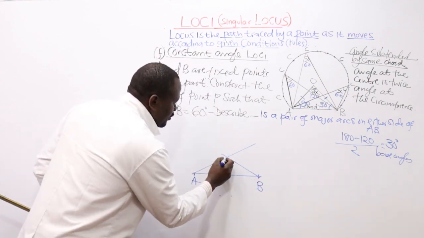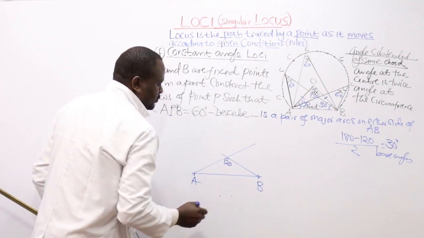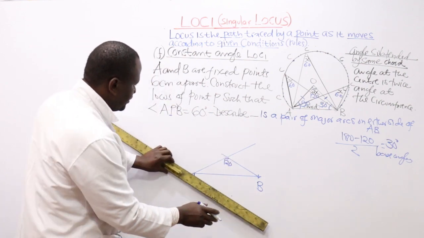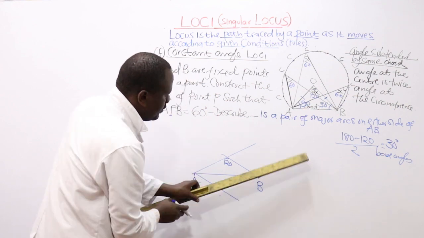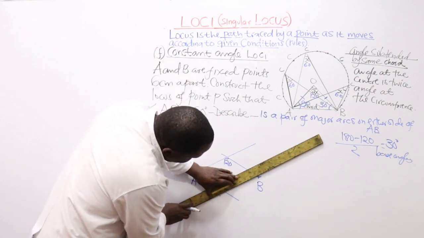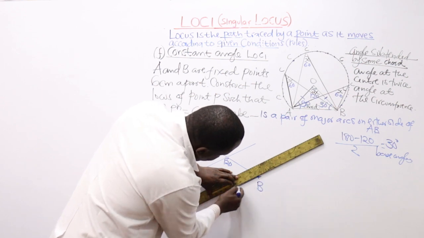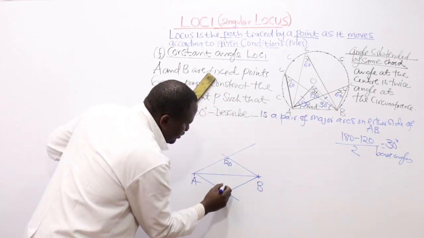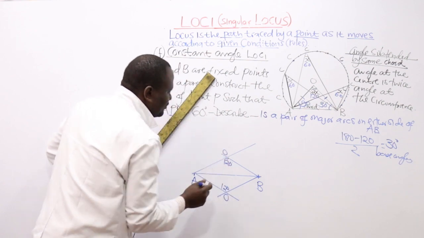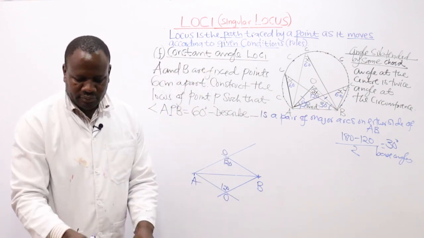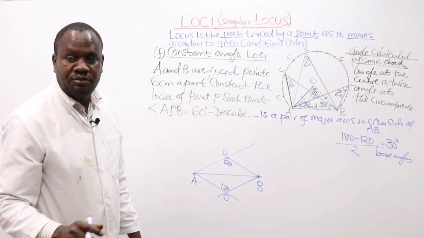So where they meet is 120. Then draw this 30 also. Where they meet is 120. Where they meet is the center of the circle. So, how do we get the radius?